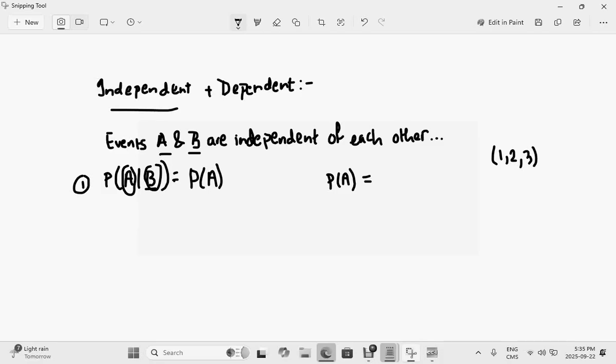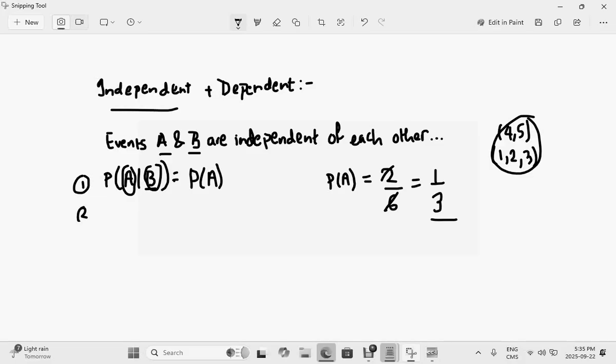And event A has two outcomes, so let's say 4 and 5. This will be written as 2 over 6, because you have two outcomes over here, a total of 6 outcomes for event A and B. So this will be 1/3, or 1 over 3. That will be P(A).